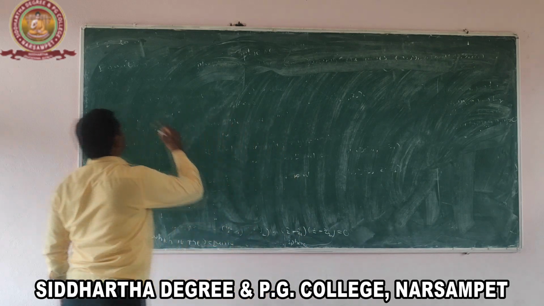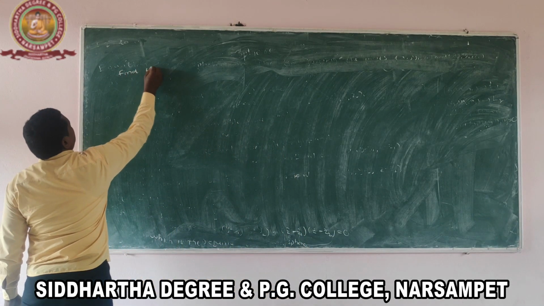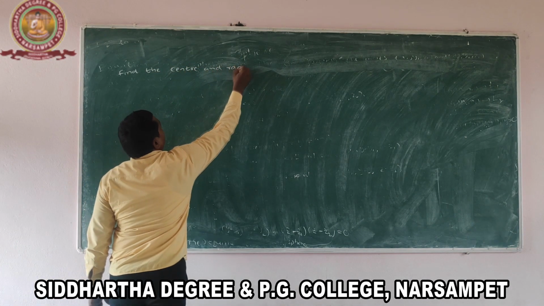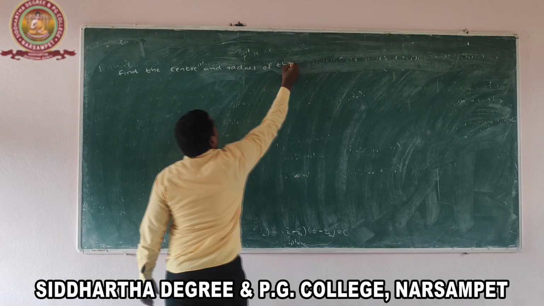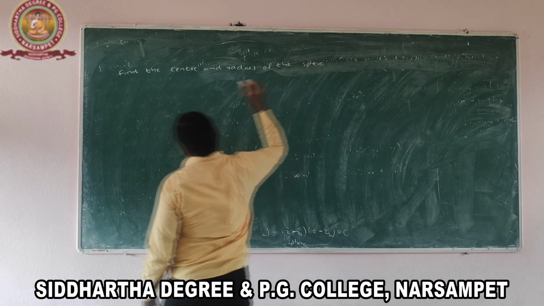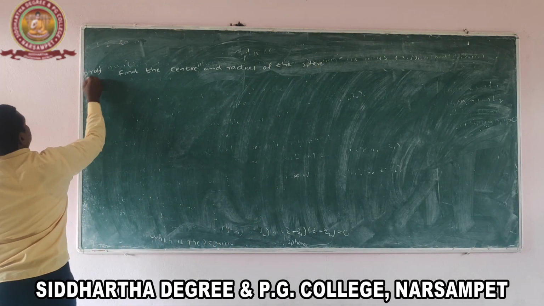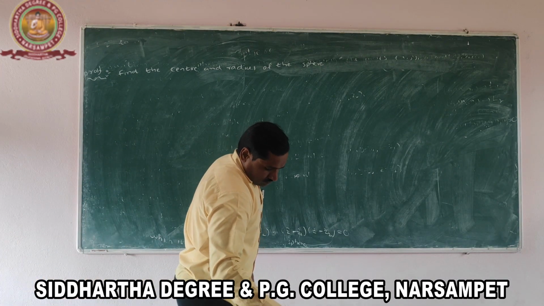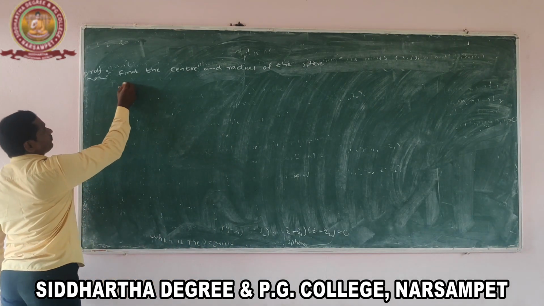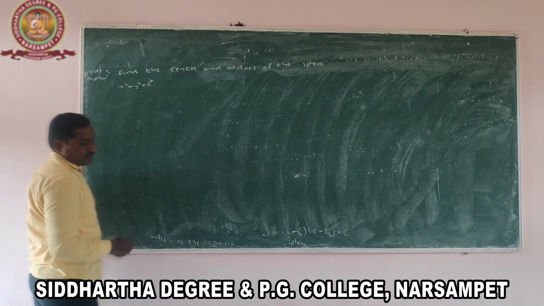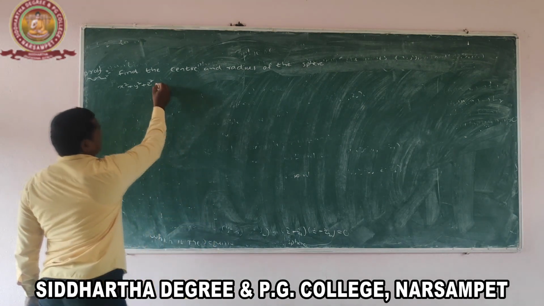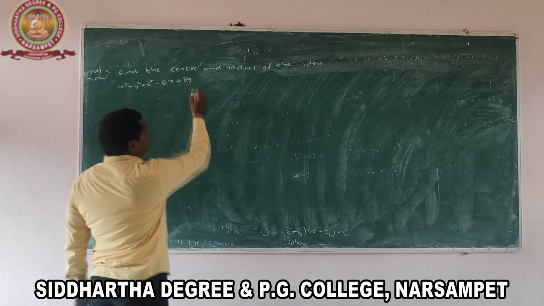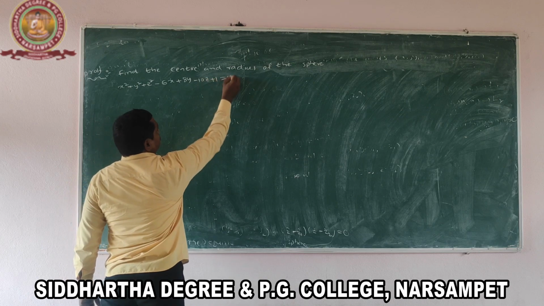Find the center and radius of the sphere x square plus y square plus z square minus 6x plus 8y minus 10z plus 1 equal to 0.